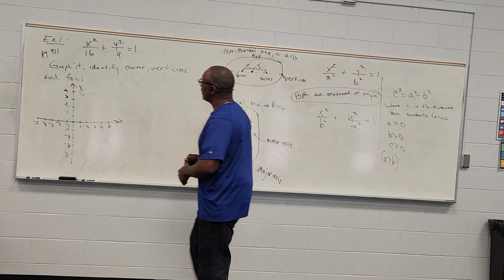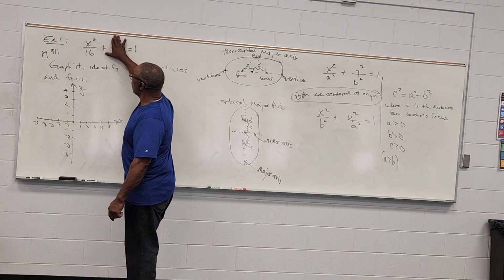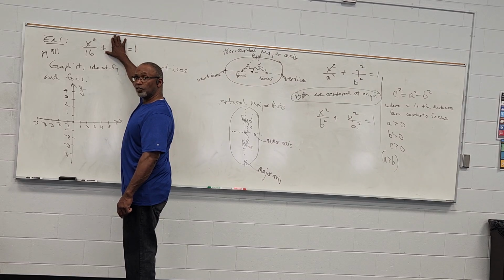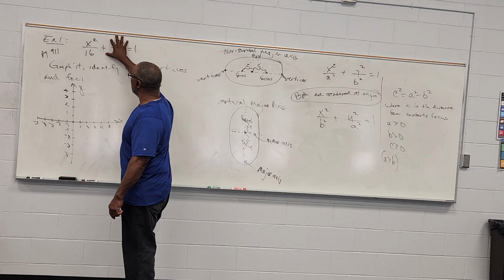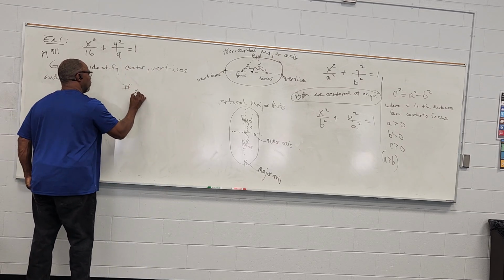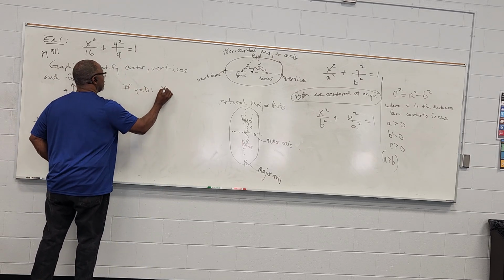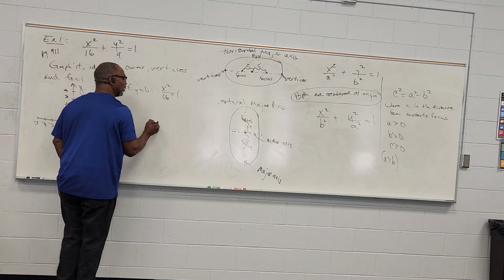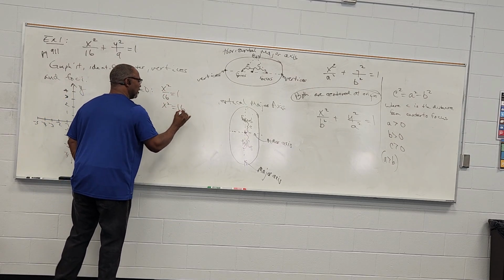What do I mean? Well, to graph this thing, suppose y was 0. So y squared over 9 would go away. So if y equals 0, then the equation simply becomes x squared over 16 equals 1. That says x squared equals 16.